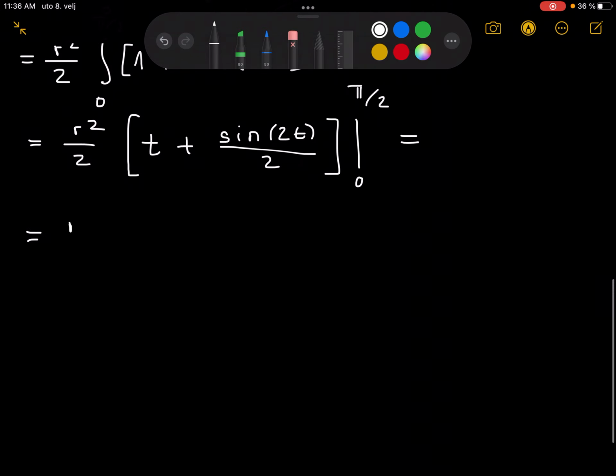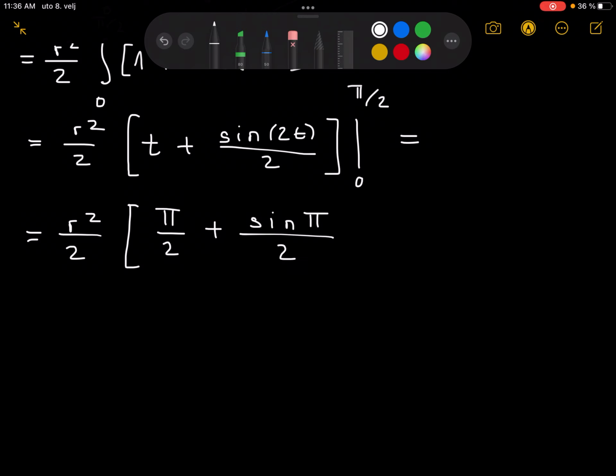So this is going to be equal to r squared over 2, and let's go ahead and plug in these values. Instead of t, we'll just put in pi over 2 plus sine of pi over 2, minus 0 minus sine of 0 over 2.